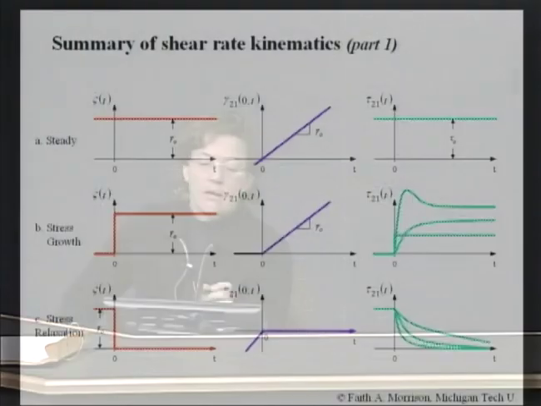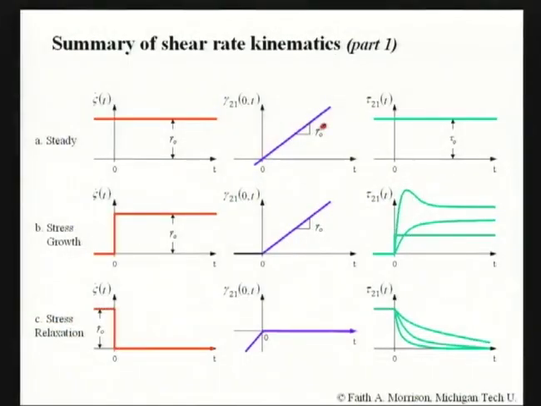When I showed that summary sheet with the center column, this was strain. And here is that function we just derived: time times gamma dot naught. It has a slope of gamma dot naught, and it's just equal to slope times time, which is the line. So that's the strain we just derived.